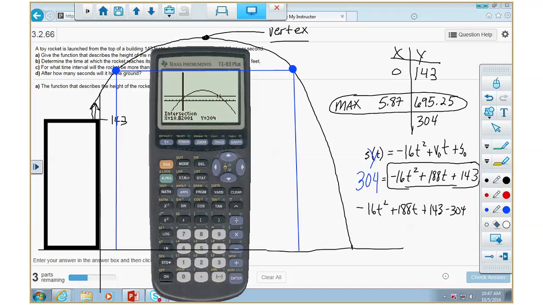Somebody take 143 minus 304, and you have negative 16t squared plus 188t. What does that come out to be? Negative 161. And now you can complete the square. So that's algebraically. Find it with the table, and you can find it with intersect.